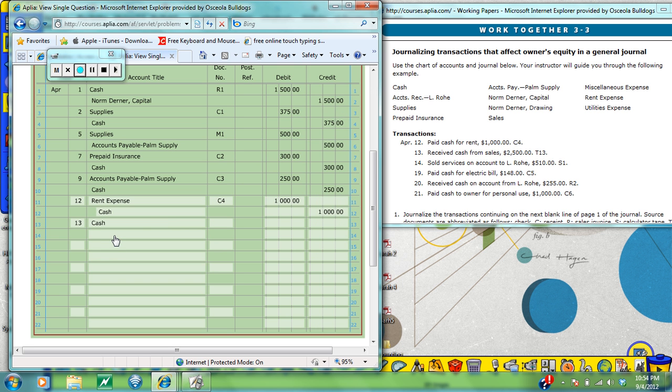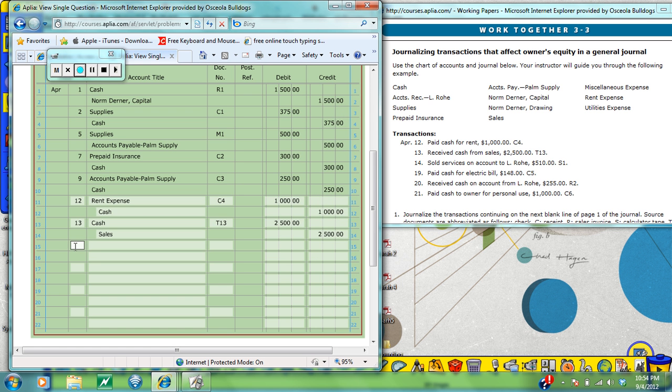Cash is our debit, sales is our credit. Sorry, my voice is sort of going. T13. Whoops, how come that didn't go? I don't know. And $2,500.